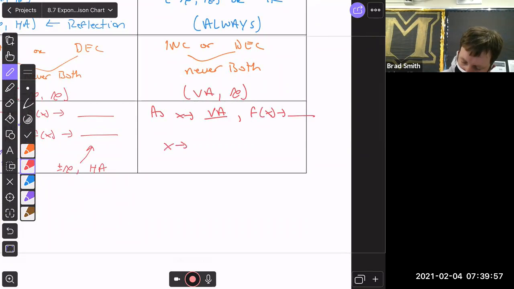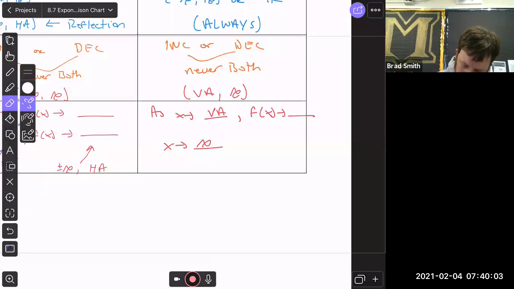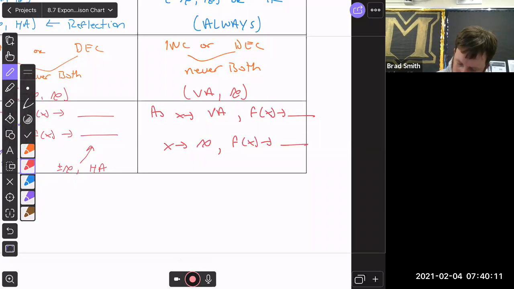And then as x approaches infinity, my f of x is going to approach something. Remember, both of these can be plus or minus infinity. Those are your options. Remember, this is still the left side and this is still the right side, by definition.